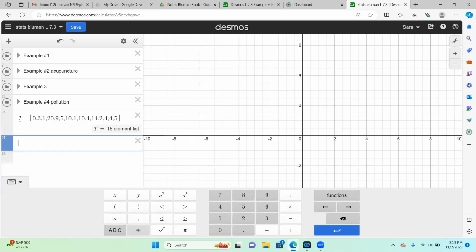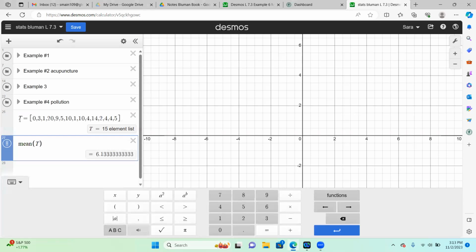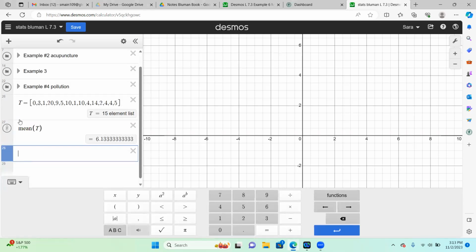That, and then you can find the mean. Oops. And you have to reference that. Make sure mean and standard deviation have to be all lowercase, but when you're referencing a list, it's a capital letter.